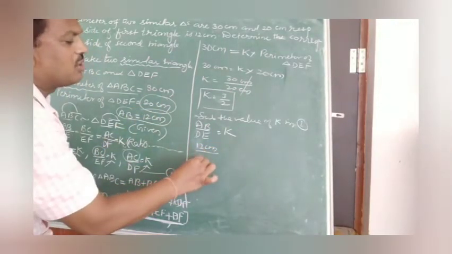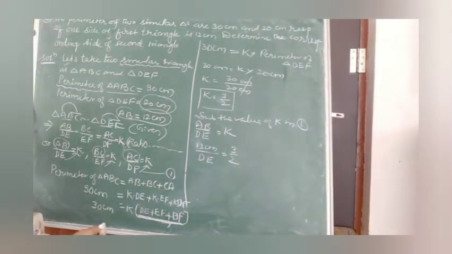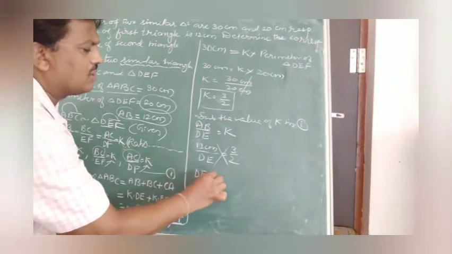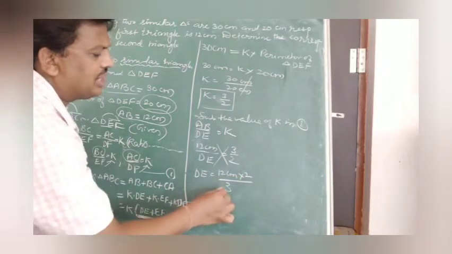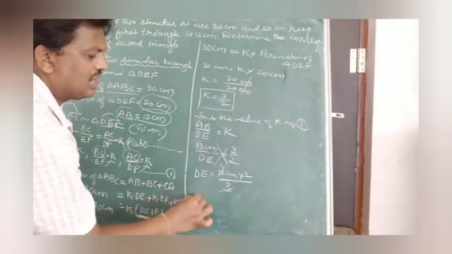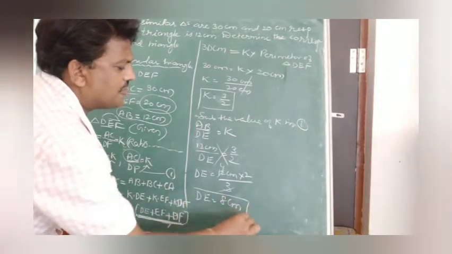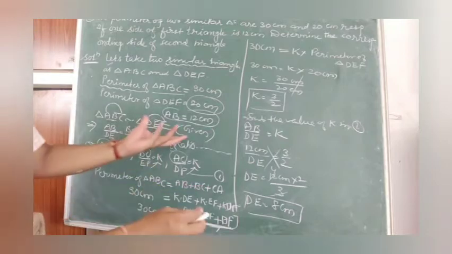By DE we have to find out is equal to K. Just now we found it, 3 by 2. Cross multiply. So DE is equal to 12 centimeter into 2 by 3. 3 fours are 12. So DE is equal to 4 twos are 8 centimeter, children. 8 centimeter.